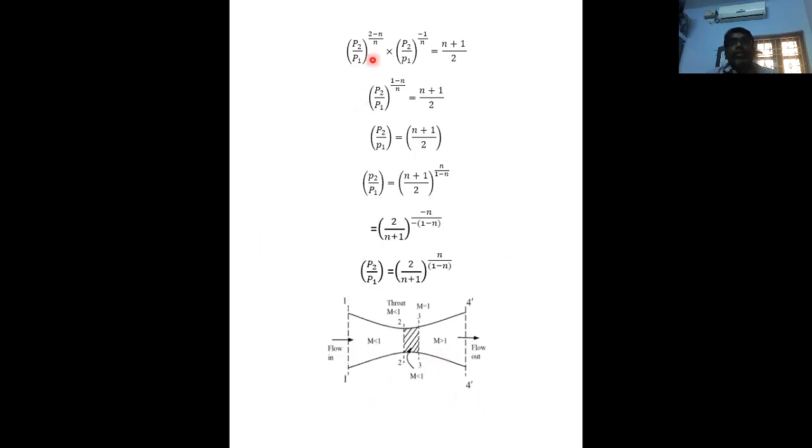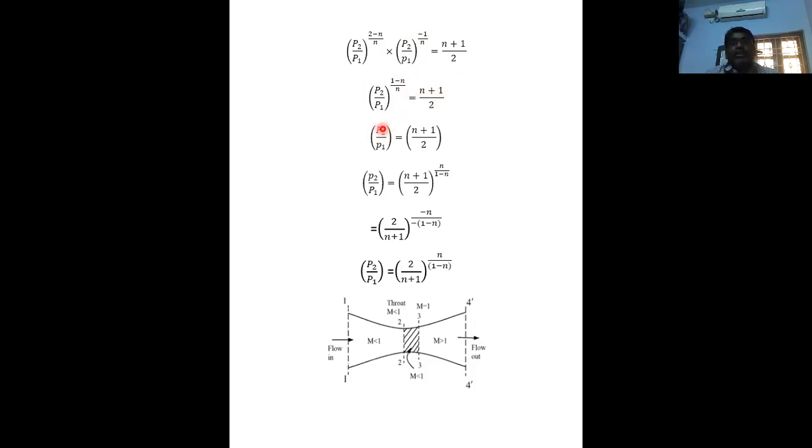Again we have to do a similar step: P2 by P1 power of 2 minus n by n into P2 by P1 power of minus 1 by n equal to n plus 1 by 2. So P2 by P1 power of 1 minus n by n equal to n plus 1 by 2.